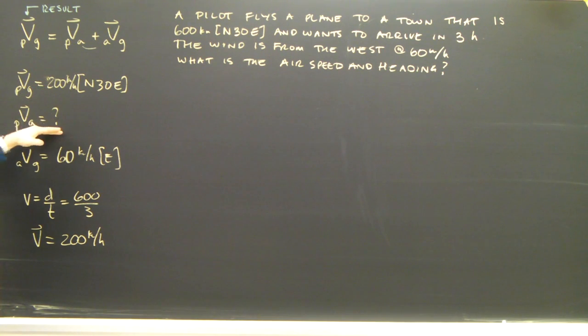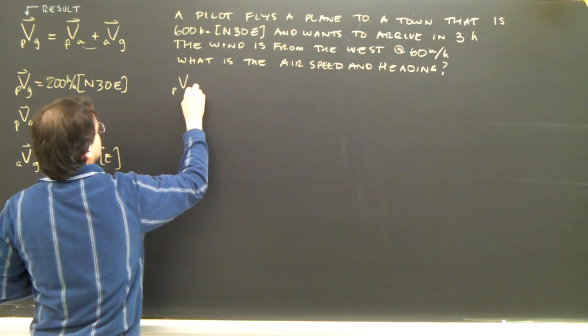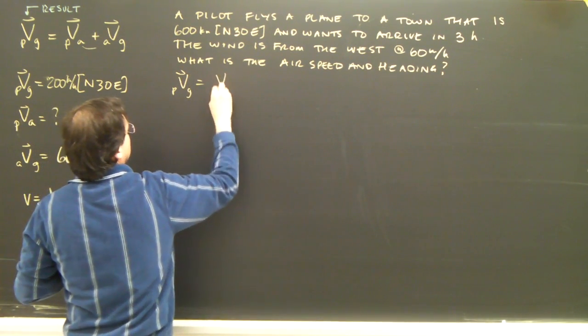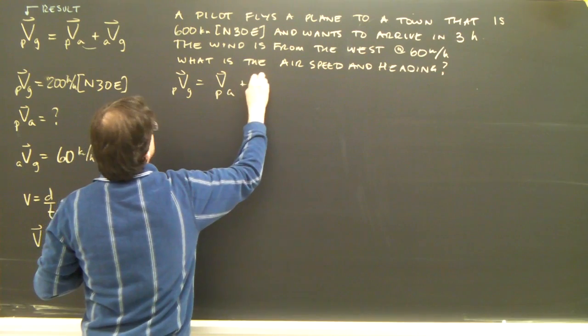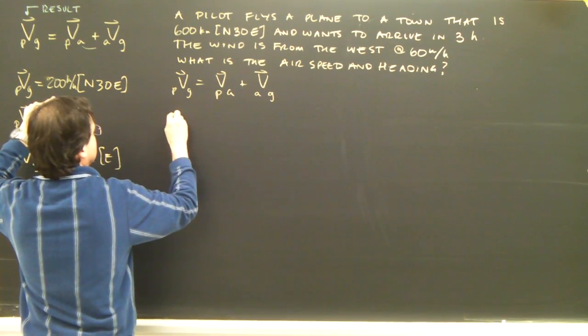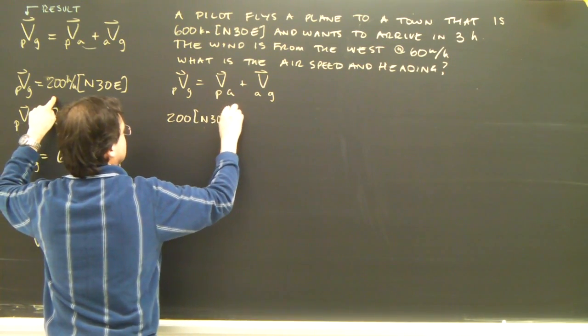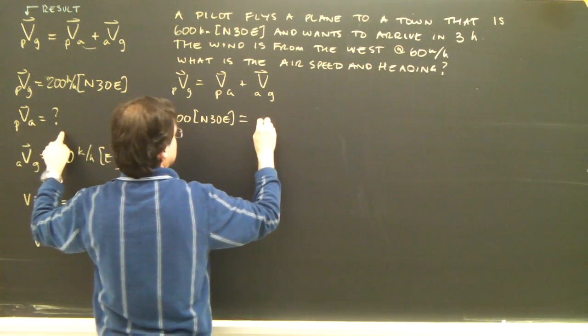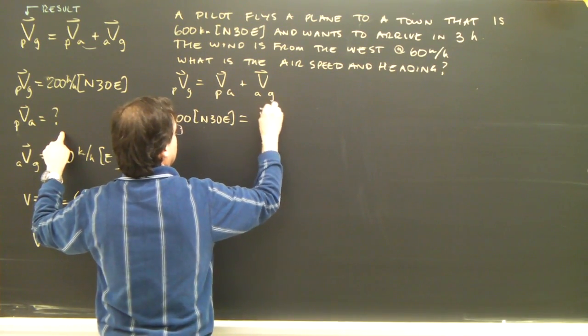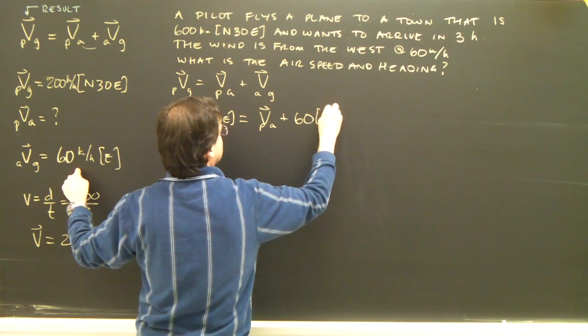I've got my equation, I simply plug in. The plane relative to the ground is equal to the plane relative to air plus the air relative to the ground. So I've got 200 north 30 east equals, this is what I'm looking for, plus 60 east.